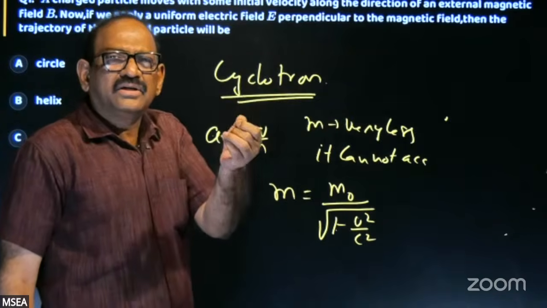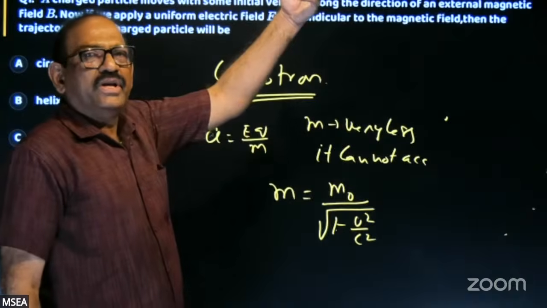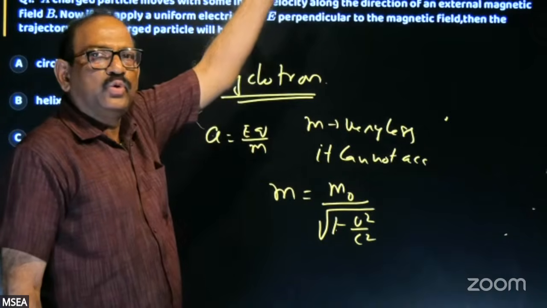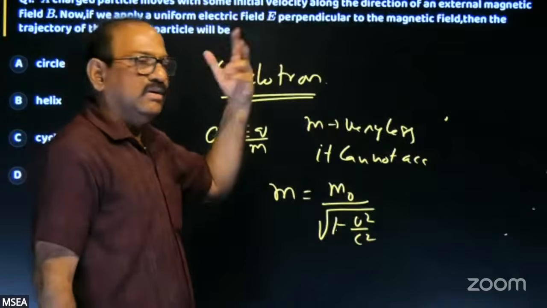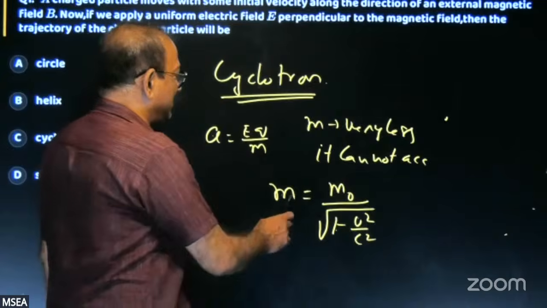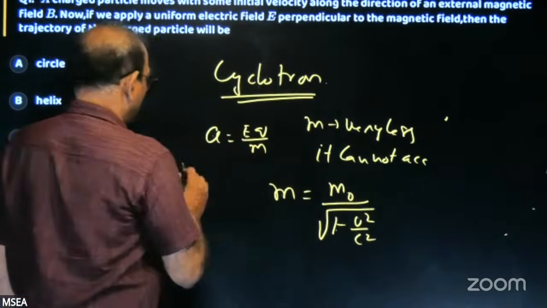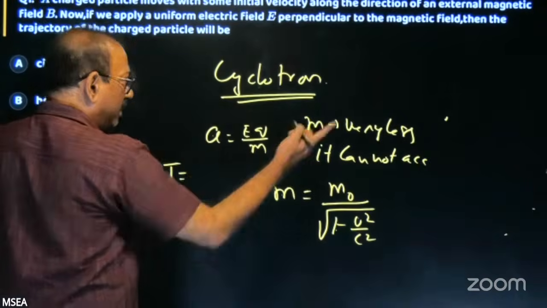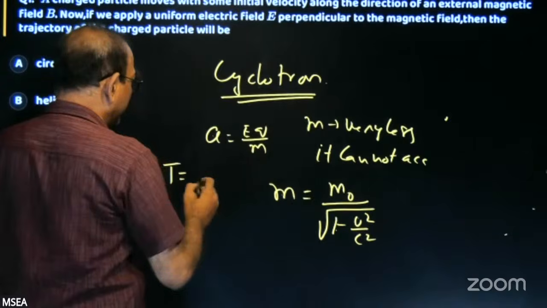So in a short time, quickly, the electron will reach very high speeds, very close to light speed. Then its mass will increase. As mass increases, what will happen?